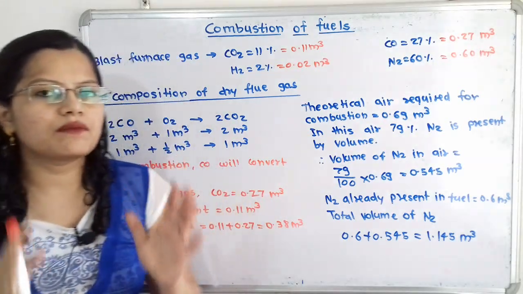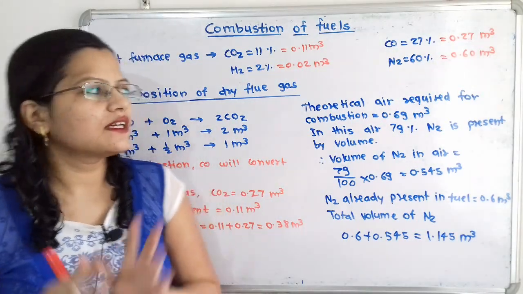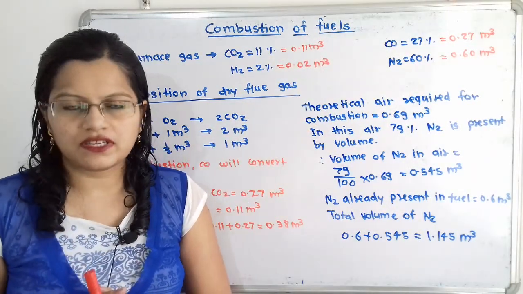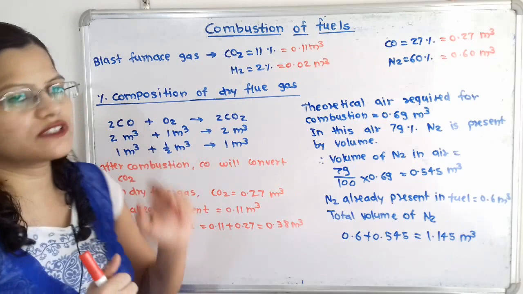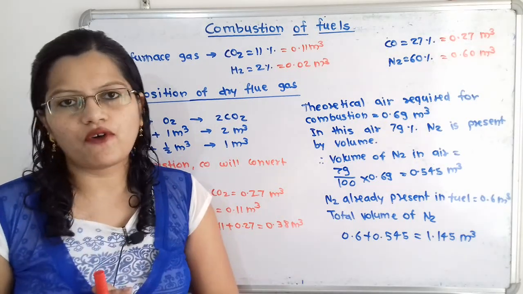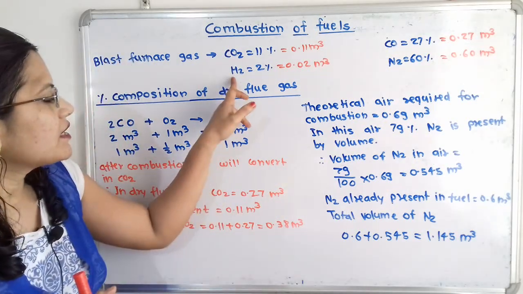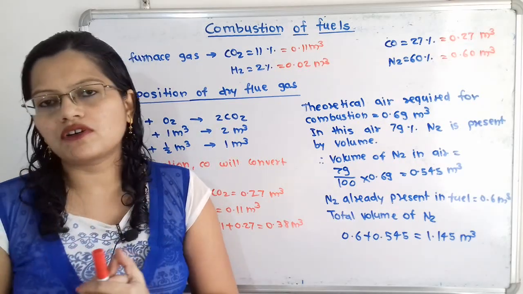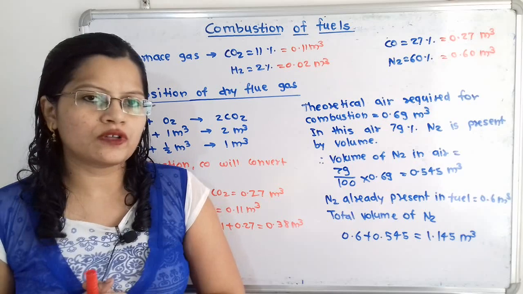When the combustion process takes place, this carbon monoxide combines with oxygen and carbon dioxide, that is CO2, is formed. Then here is the hydrogen. Hydrogen, when combined with oxygen, will form H2O or water.